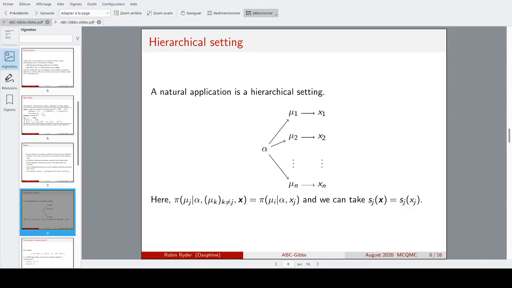So here, this means that when you're looking at the distribution of mu_j given everything else, so given the data, all the other mu's and alpha, this actually depends only on a small part of the data and on alpha. And so we might take a summary statistic which depends only on xj. Similarly, in some cases, the conditional distribution of alpha given the mu's is going to be available analytically, which will make it easier.